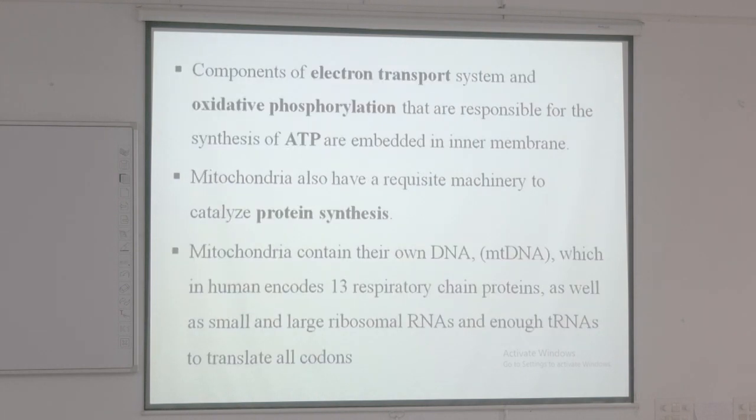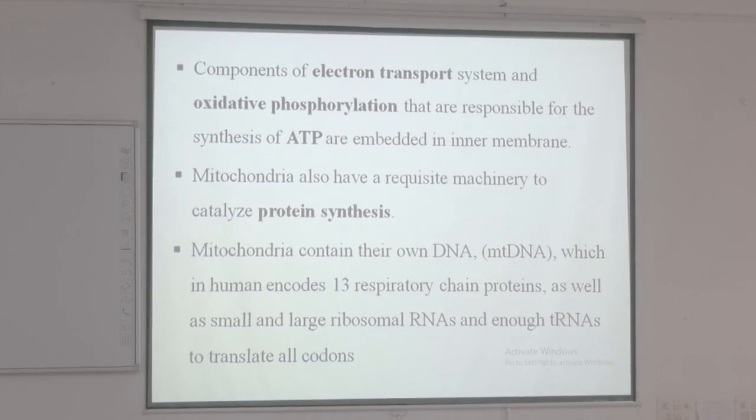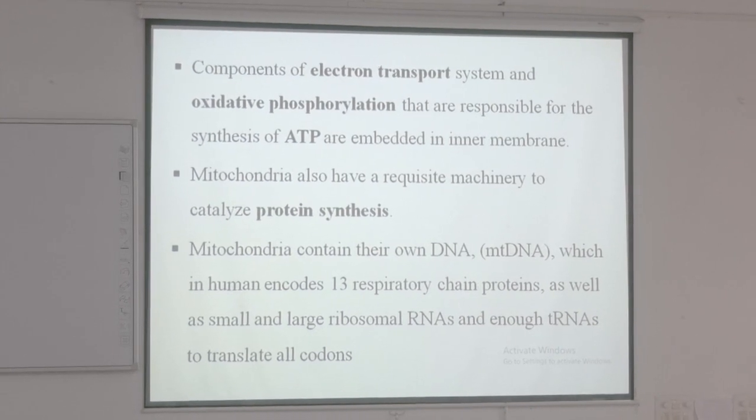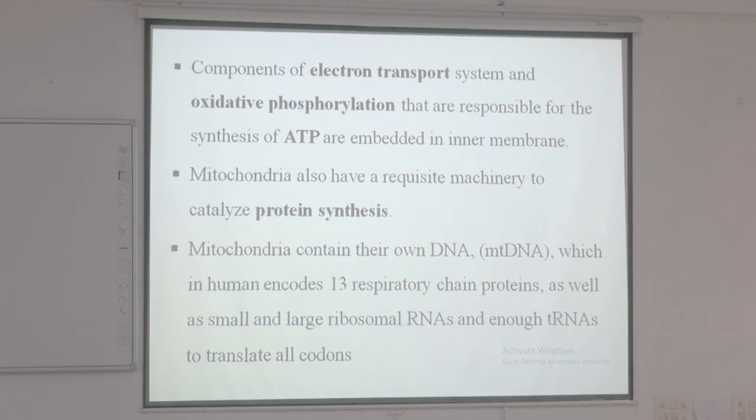What happens if there is absence of mitochondria? The first example is the RBC, which has no mitochondria. But if mitochondria are not functioning well, a disease we call mitochondrial myopathy occurs. An example of mitochondrial myopathies is Parkinson's disease.